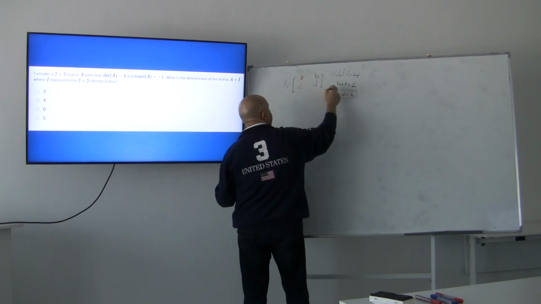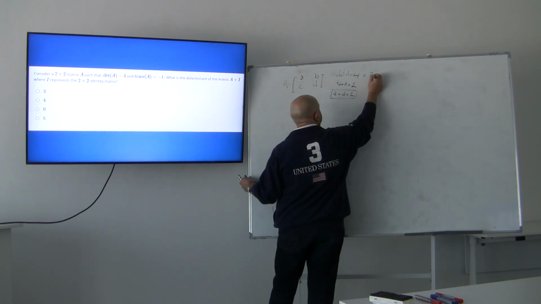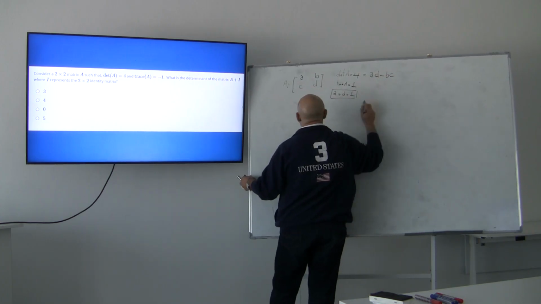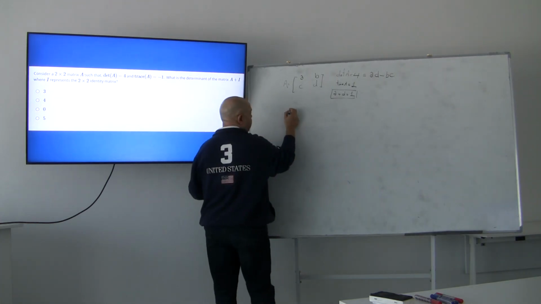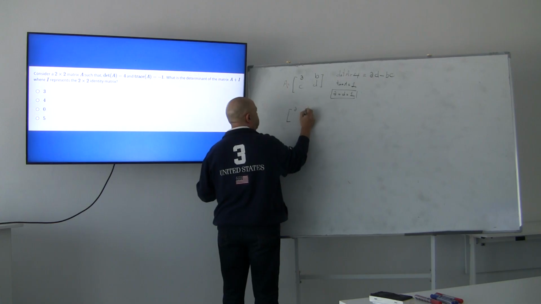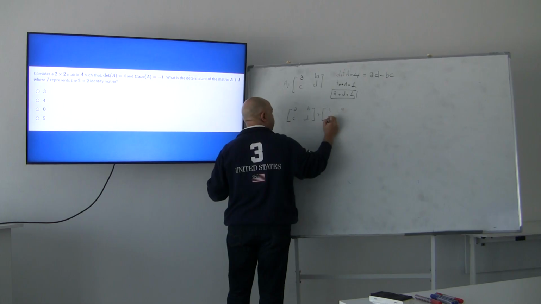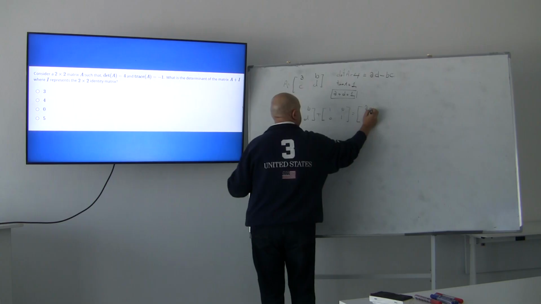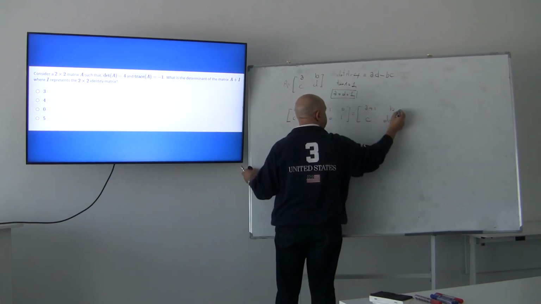And the determinant of A, which equals 4, is supposed to equal A times D minus B times C, am I right? Yes. And he wants to know the determinant of the matrix A, B, C, D plus the unit matrix, which is 1, 0, 0, 1, am I right? Which gives A plus 1, B, C, and D plus 1, am I right? Okay. Get the determinant of this matrix.